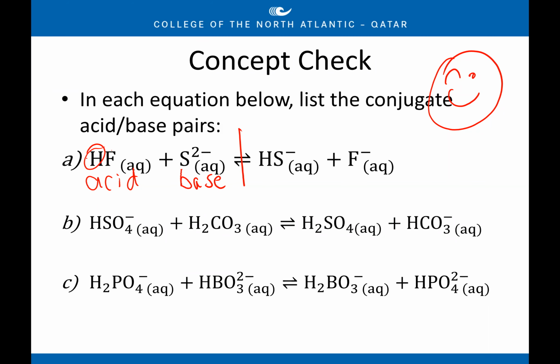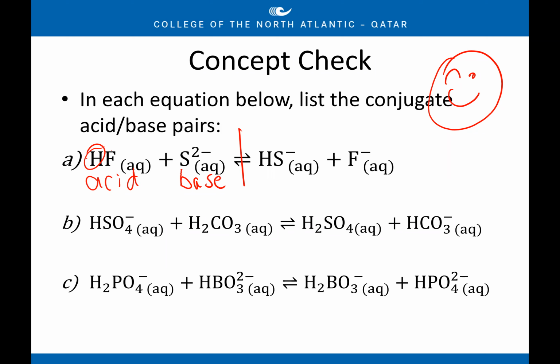So this is my acid, which means by default, if the left chemical HF is the acid, S2 minus must be the base. If you have an acid, you have a base. Like I said earlier, it's like yin and yang. It's like French fries and ketchup. If you have one, you have the other.